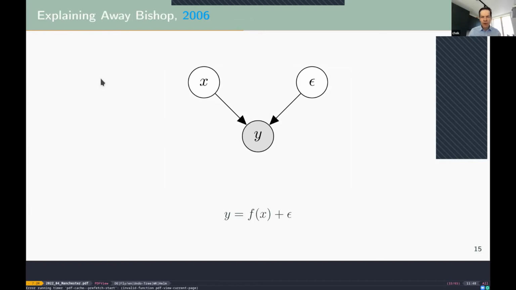So the first notion that we're going to exploit is just this concept which all of us know, which is framed as explaining away, right? So this is the first and easiest way we can get a representation of data that obeys a specific structure. We do this all the time. So the way we should read this plot is that in this case, we often say that epsilon here is noise, right?